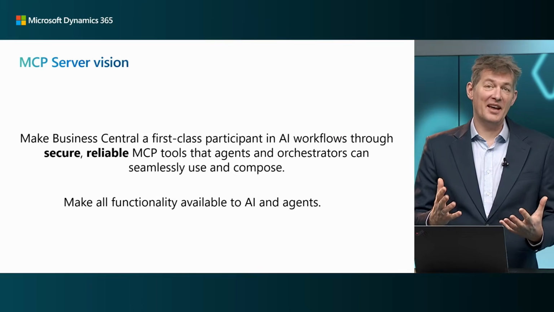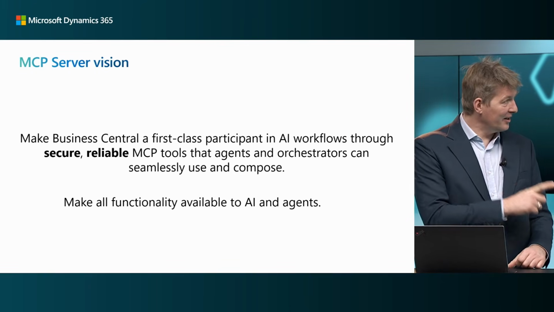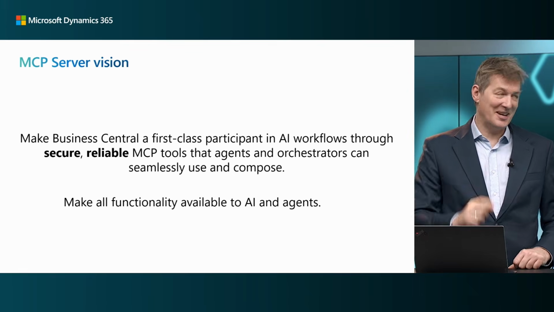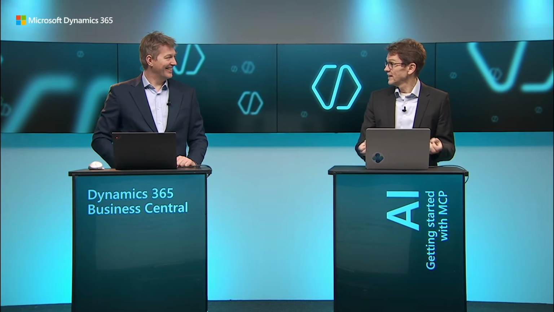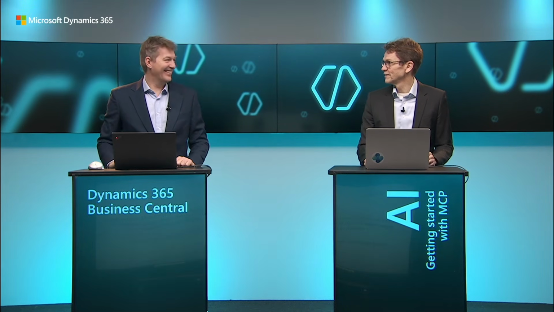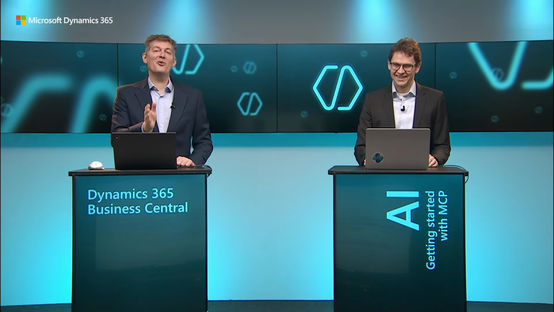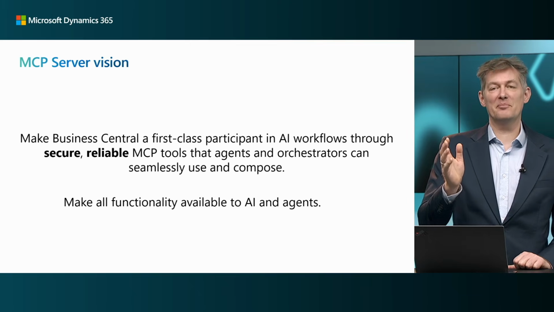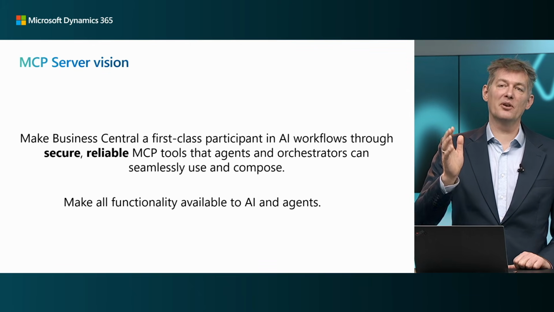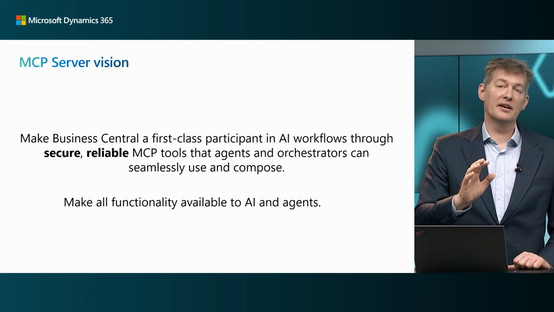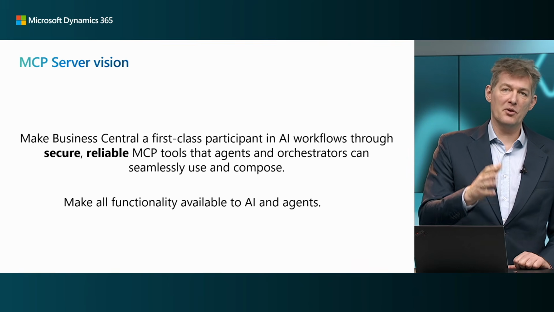Yeah. All right. So to wrap up, the vision hasn't even changed from video 1 and video 2. It's still the same. That's a new thing for AI, that things don't change within half an hour. Yes. Make all functionality available in Business Central, functionally available to AI and agents. And of course, do it in a secure, reliable way.